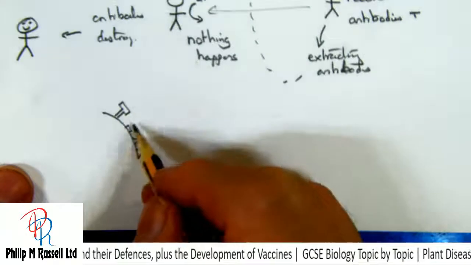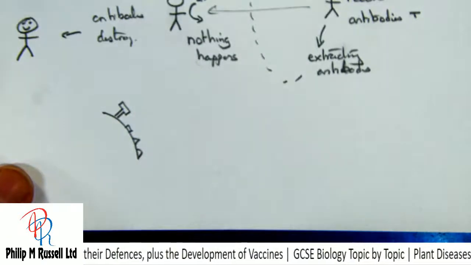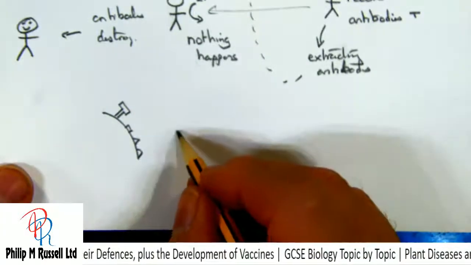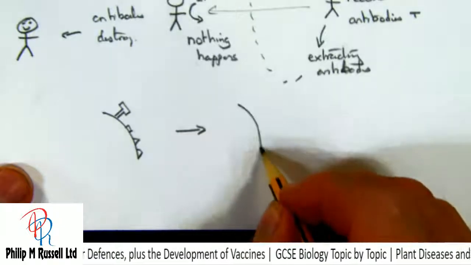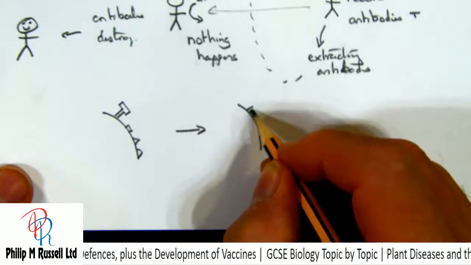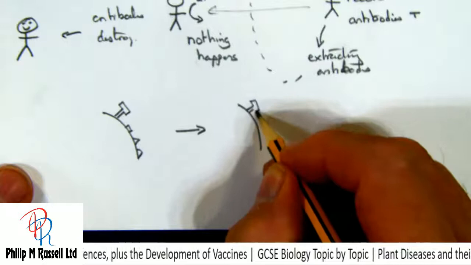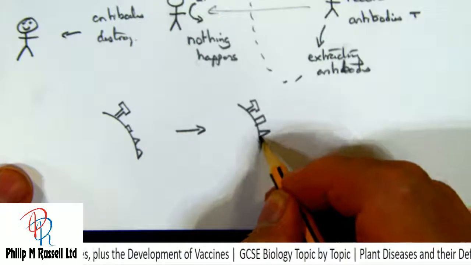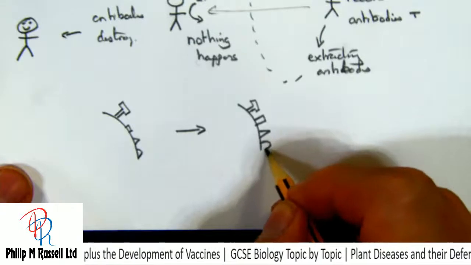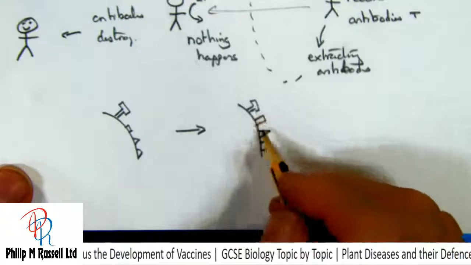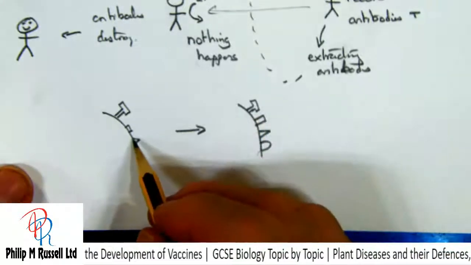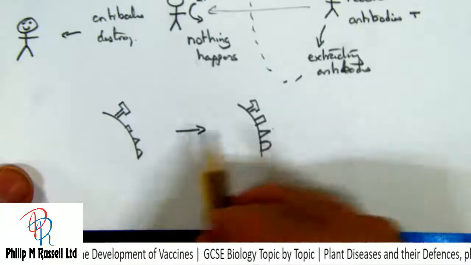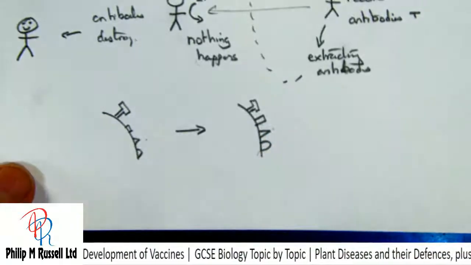Choosing the right one could be important. If this virus mutates, and it has different shapes, then they won't be able to be protecting the body.